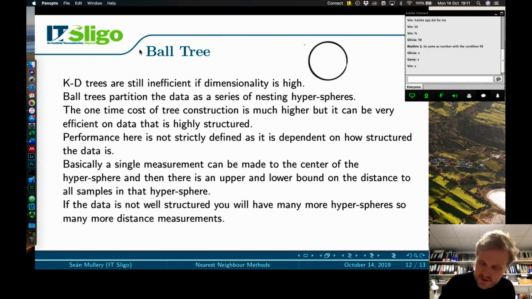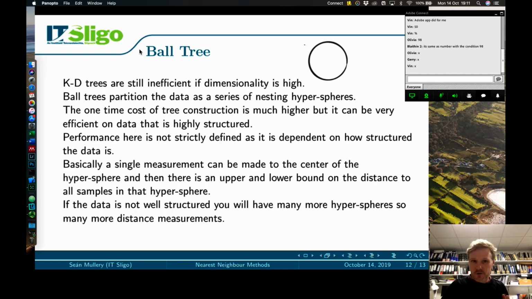A sphere in 3 dimensions is a sphere. What's a sphere in 4 dimensions? It's called a hypersphere. So once we go above 3 dimensions, we call these things hyperspheres, but we're just having a radius that goes out in every one of our axes by the same amount. And we then partition the data within those regions. So ball trees partition the data as a series of nesting hyperspheres.